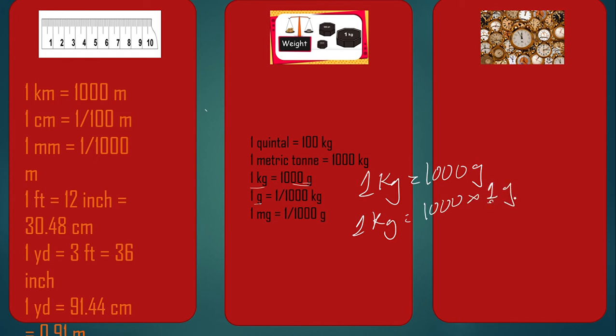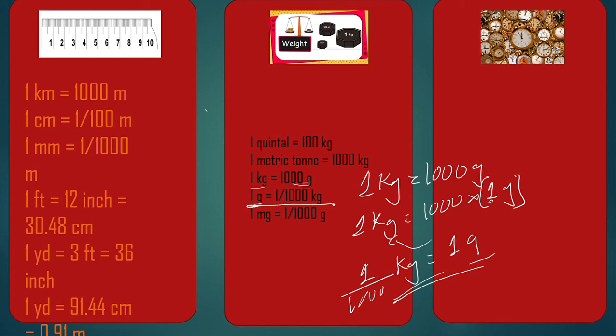Multiplying by 1 doesn't make any difference. However, we just want to find 1 gram, so we'll send this 1000 to the other side. So 1 upon 1000 kilogram is equal to 1 gram.